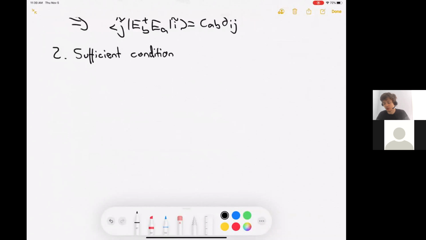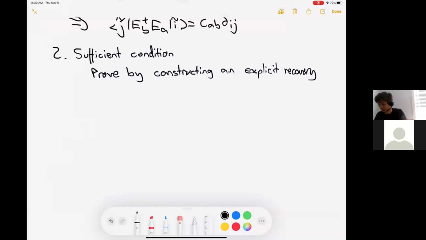Okay, so we're going to prove it's a sufficient condition by constructing an explicit recovery channel with Kraus operators R mu.